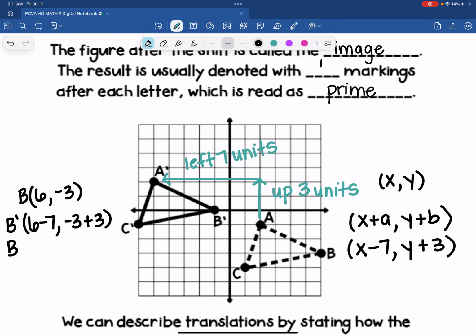So my B prime would be negative 1 and 0, which if you notice, is exactly where my B prime landed, at negative 1, 0.